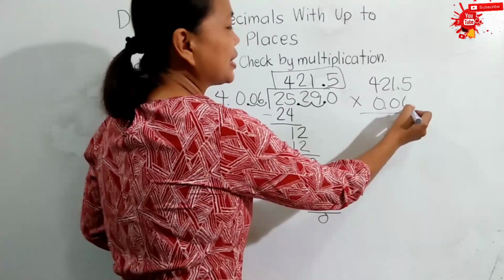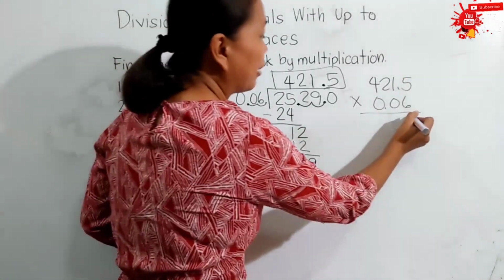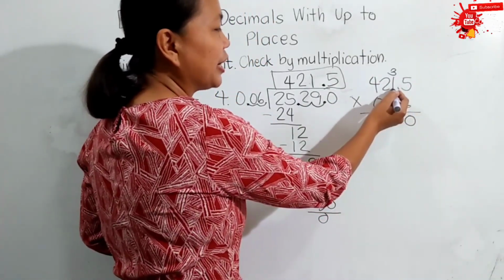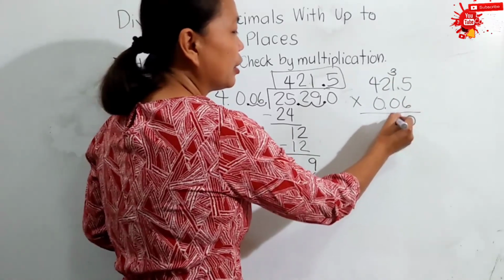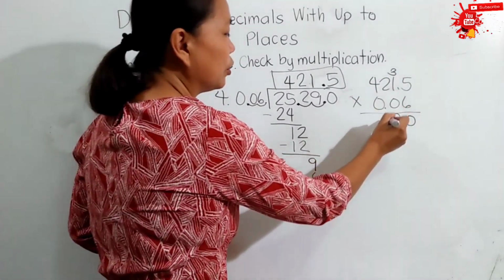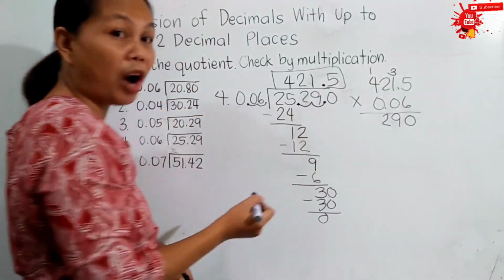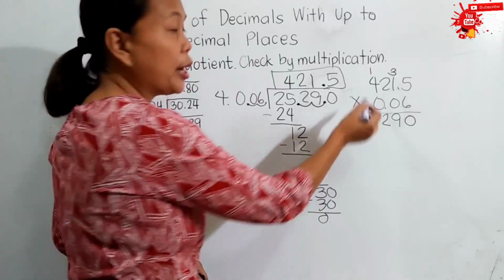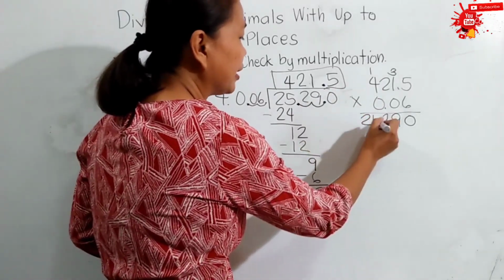Okay? So, what is 6 times 5? So, we have 30. So, carry 3. 6 times 1 is 6 plus 3, which is 9. And then 6 times 2, 12. Then carry 1 sa 4. And then 6 times 4 is 24 plus 1, 25.